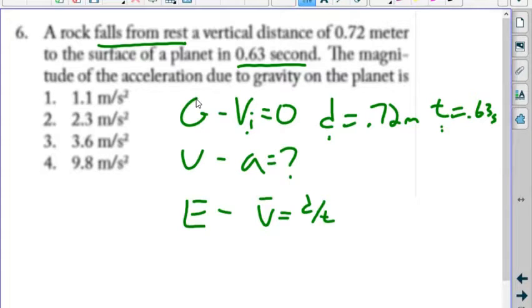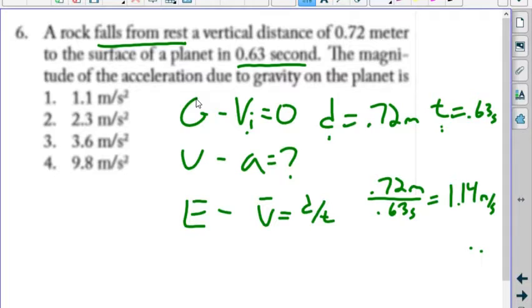So if I plug into this one a distance of 0.72 meters divided by 0.63 seconds, I'm going to come up with an average velocity of 1.14 meters per second. Okay, so again, this is our average velocity.